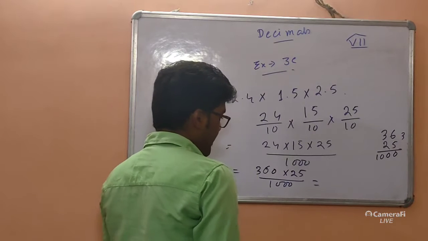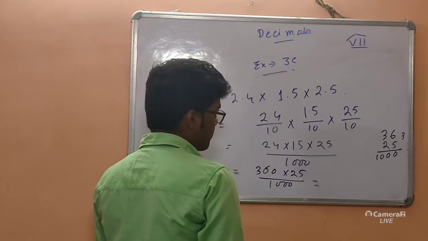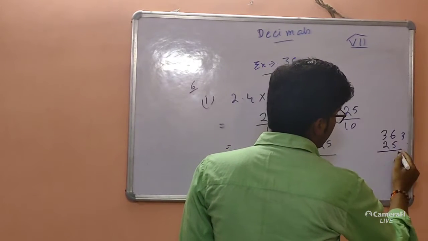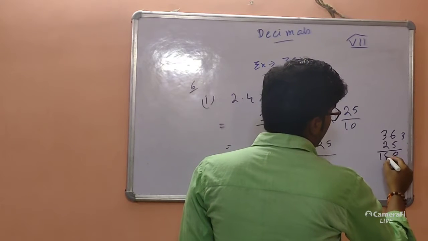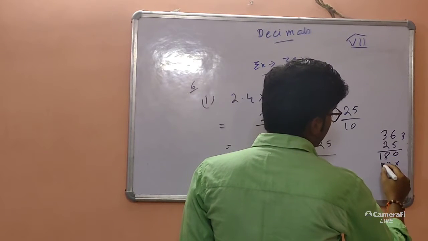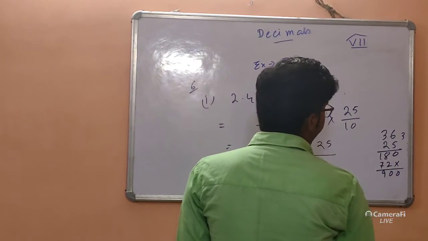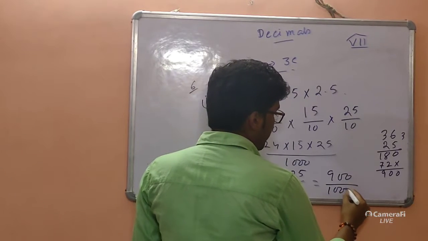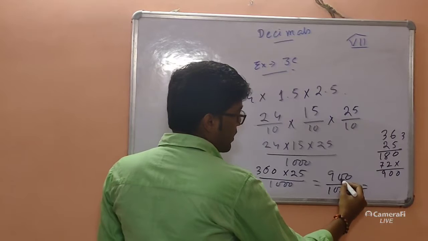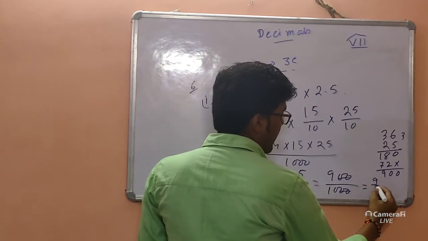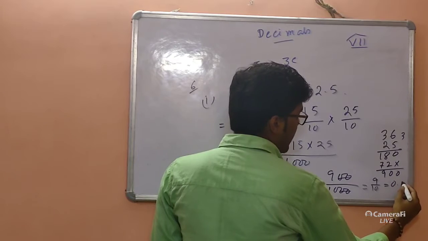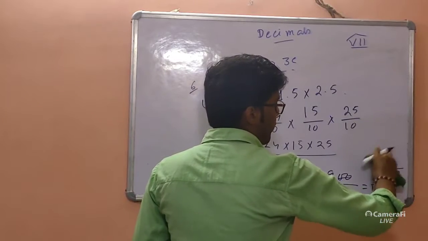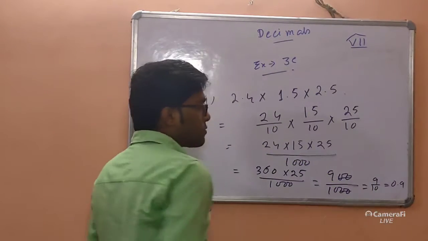So we have 900 divided by 1000. See, 2 zeros will cut down. So we have 9 by 10. So it is therefore 0.9. Okay, clear?